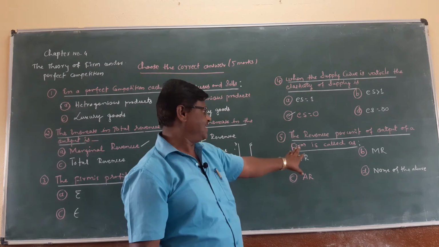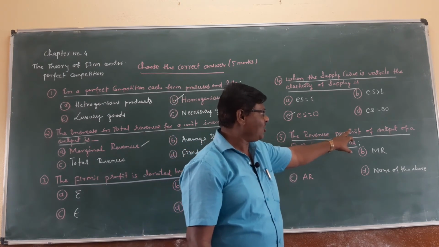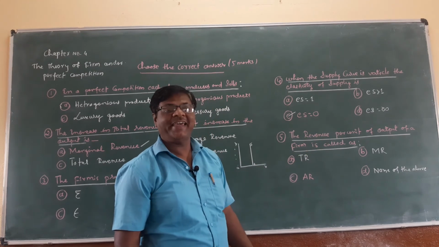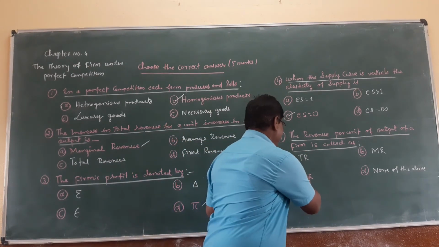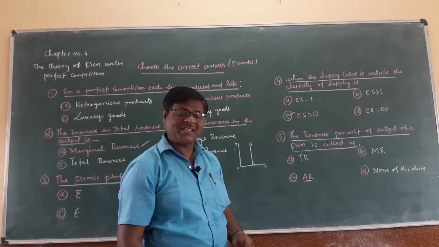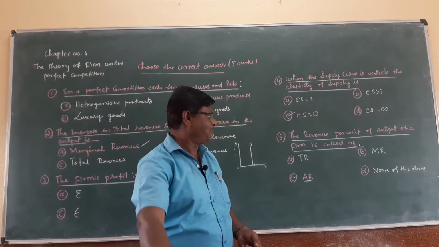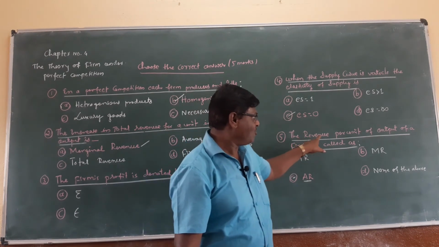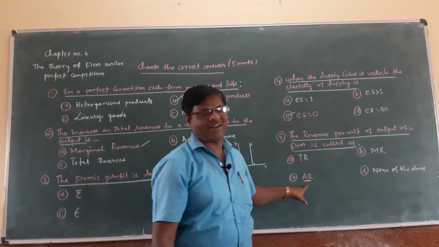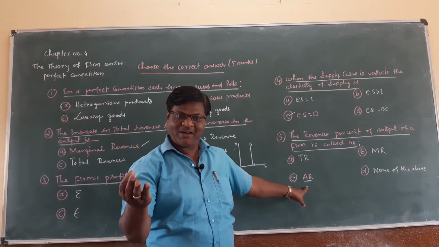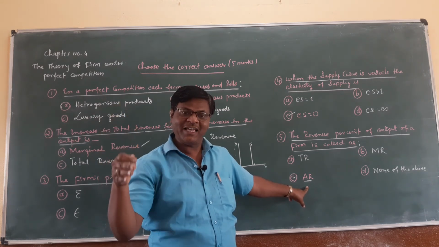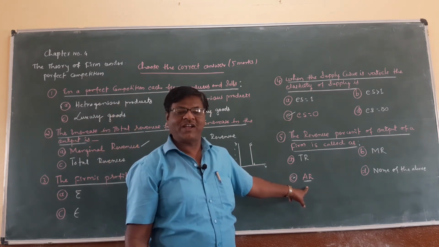The answer is, the revenue per unit of output of a firm is called the AR. AR means per unit of output. The revenue per unit of output of a firm is called the AR, average revenue. What do you mean by average revenue? AR is equal to total revenue divided by Q. How to find out AR?